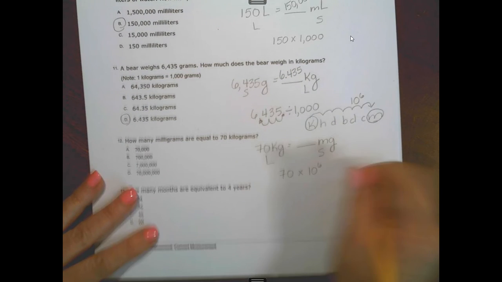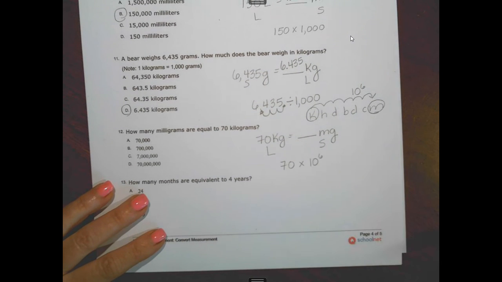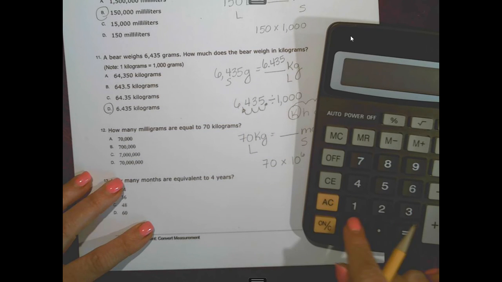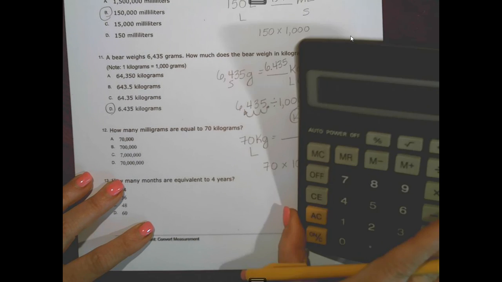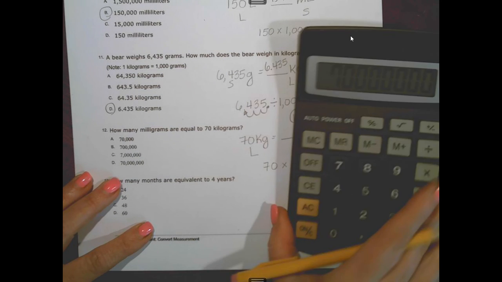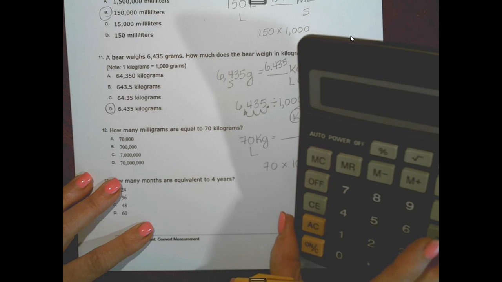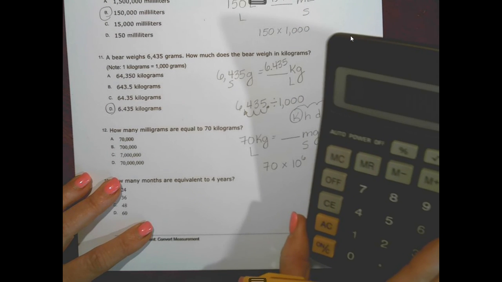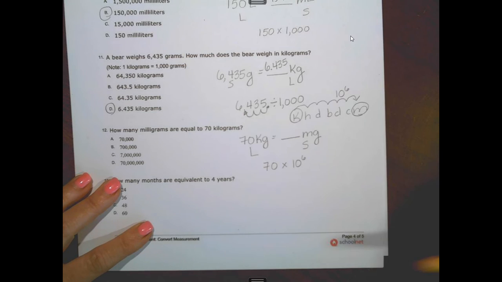All right, so we can do a couple things. We can either put in our calculator 70 times 1 million. Oh, I think I put too many zeros in. Nope, I didn't. So I get what? I get 70 million for this one. All right. Or I could do this.